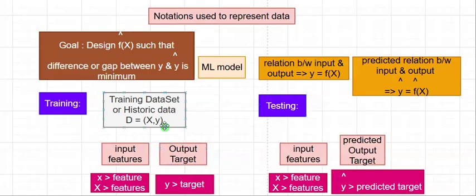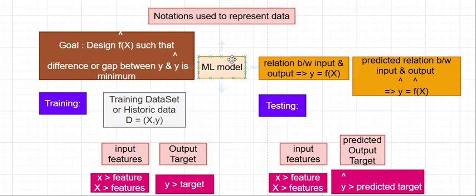Now let's understand what is meant by training. Let's say I pass this historic data set or training data set to this model. What do you mean by training? First, whatever data set is provided to this model needs to be analyzed by using this model, right? Yes. So first the data set needs to be analyzed.